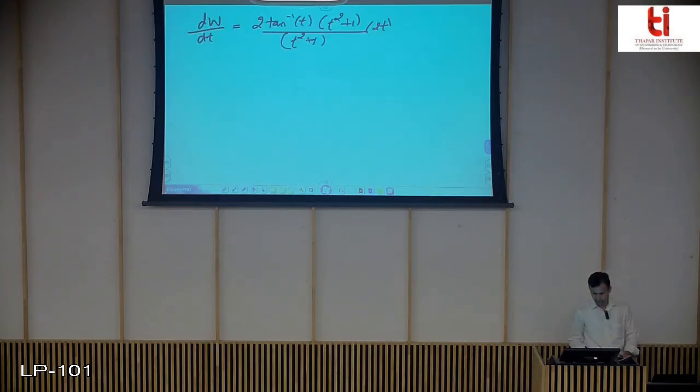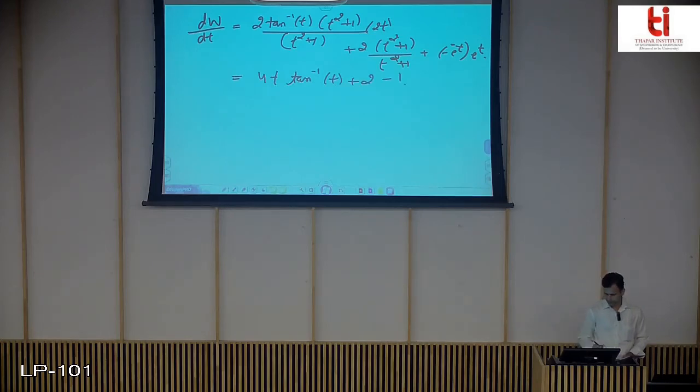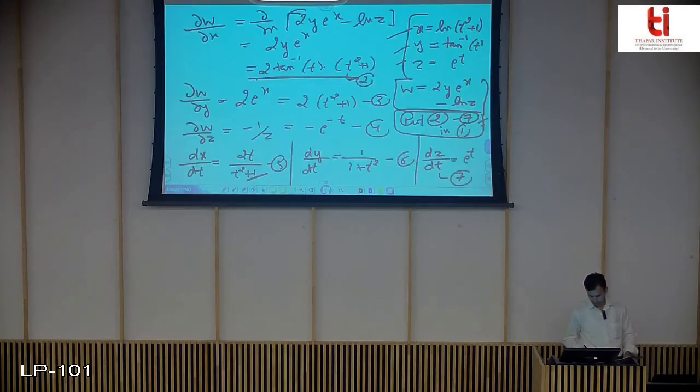So it is this one plus 2 times t square plus 1 upon t square plus 1, and minus e to the power minus t times e raised to power t. So this gives you 4t tan inverse t plus 2 minus 1, which is 4t tan inverse t plus 1. So dw by dt is this, and this is equation number 8.